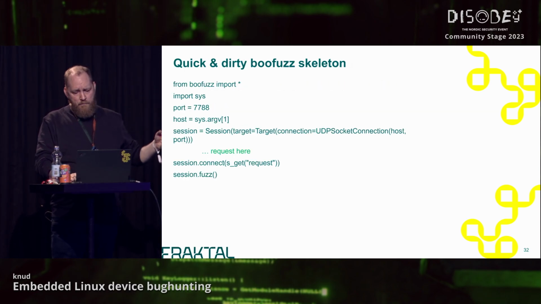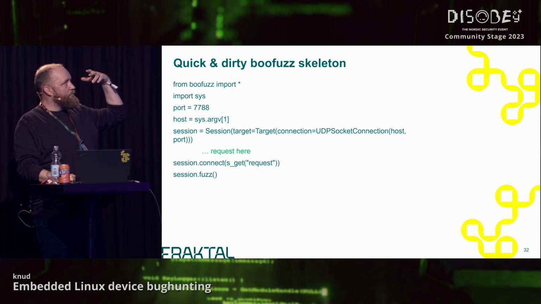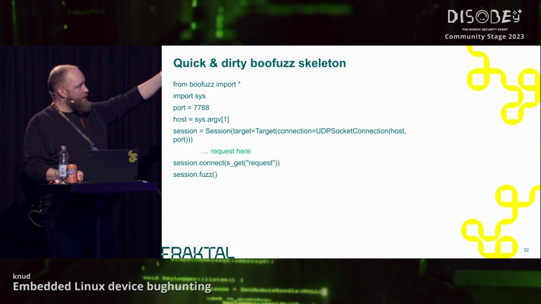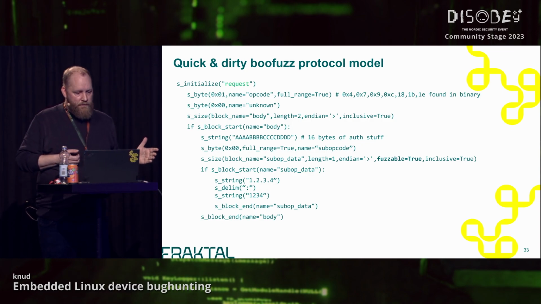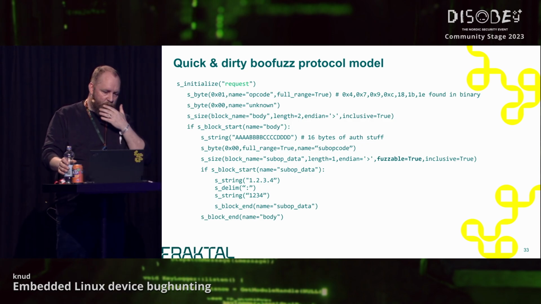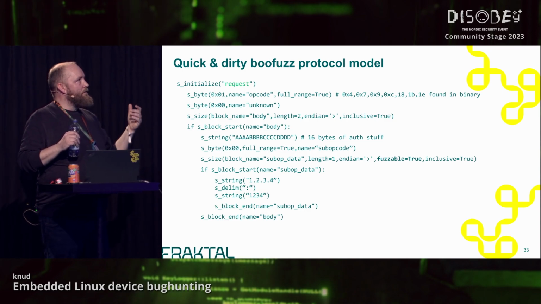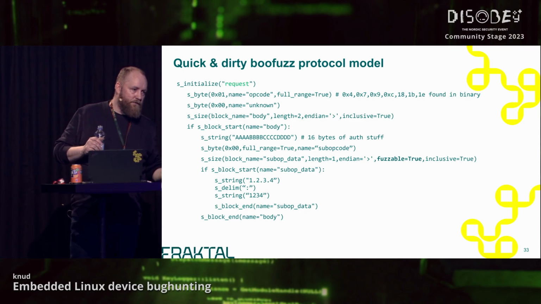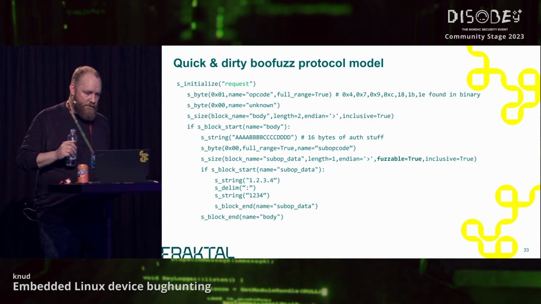For boofuzz, which is like the successor to the Sulley fuzzing framework, you can make a pretty easy skeleton where you say connect to this one using this request, and then this is the protocol model and the grammar that you can use with boofuzz to make it generate valid but malformed requests that are protocol compliant to this protocol, right?